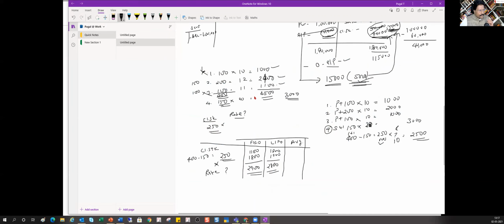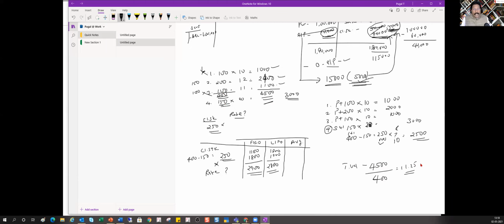So let me just write down here. My total value is 4500, divided by the total quantity that I have received, which is 400. So 4500 divided by 400 will come to 11.25.